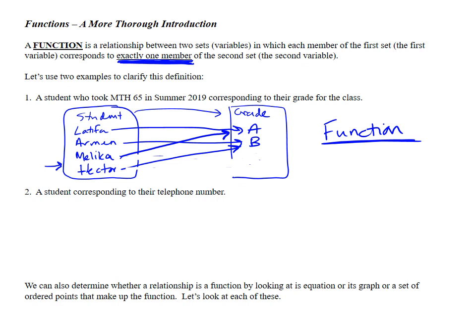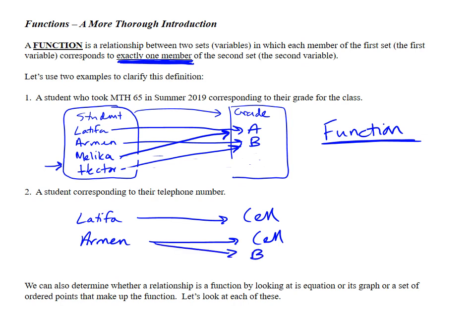In our second example, a student corresponding to their telephone number, this is actually going to disobey the rule, and this can help us, especially when you see something disobey the rule, help you understand the rule. Maybe Latifa has a cell phone, and that's her only phone. But Armand has a cell phone, and maybe he's also got a business phone. So it is possible that a student might have two different phones, and maybe Hector has no phone at all.